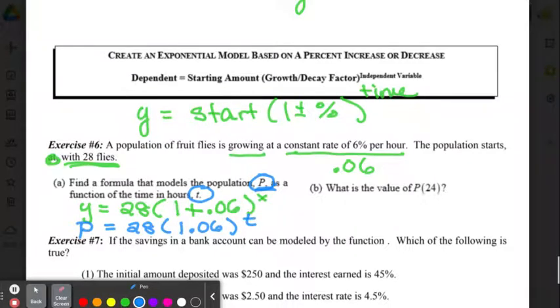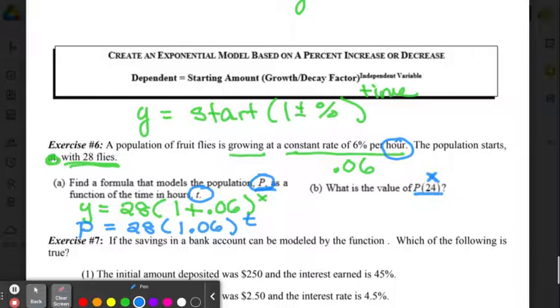Now, part B says, what is the value of P of 24? Well, this was from a long time ago, chapter 4, I think. If you have a number in parentheses here, you're going to plug it into the X spot. So what this is saying, after 24 hours, how many fruit flies are there? It's kind of gross.